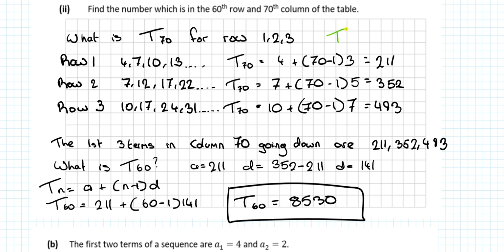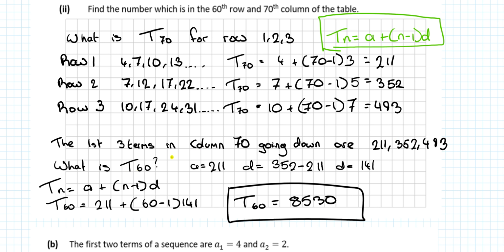Again, from the log tables, we know Tn is equal to A plus N minus 1 times D. So that's all I've done, is use this formula here from sequences and series in our log tables, and I've found the 70th term in the first 3 rows. So the first 3 terms in the column 70 going down are 211, 352, and 493.